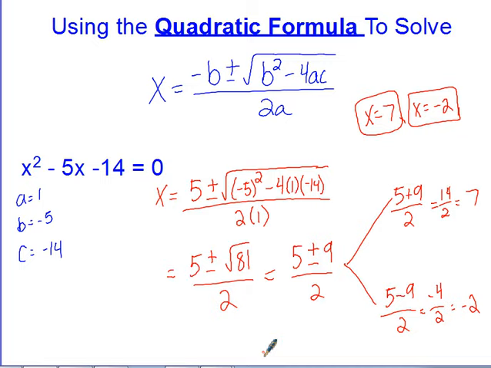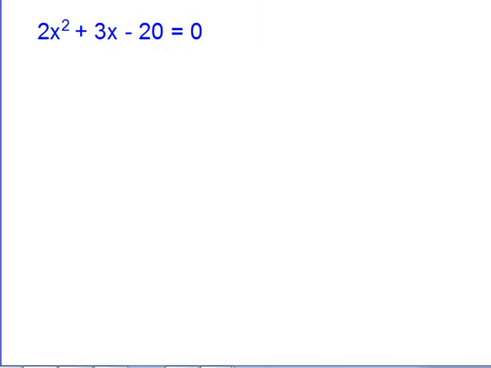All right, let's finish it off. All I want you to do is try this one on your own using the quadratic formula. Use the quadratic formula on this one. Okay, tell me what to write. So what's my a? b? c? Negative 20.